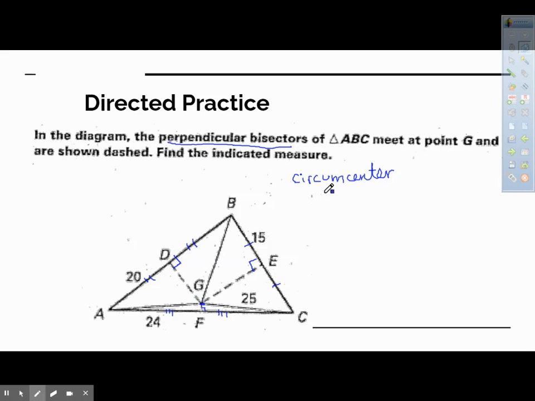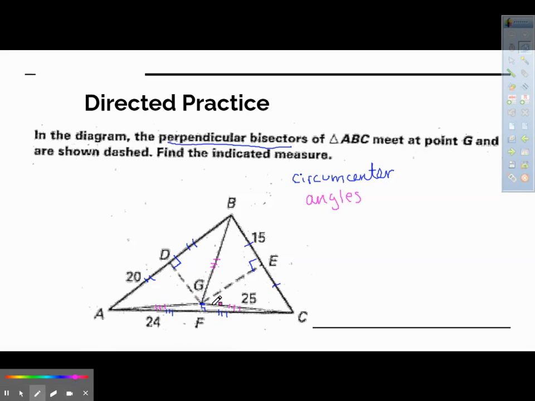Is the circumcenter equidistant to the angles of the triangle or to the sides? All right, so it's equidistant to all the angles. So what that means is I can mark GB congruent to GA, and I can also mark it congruent to GC.